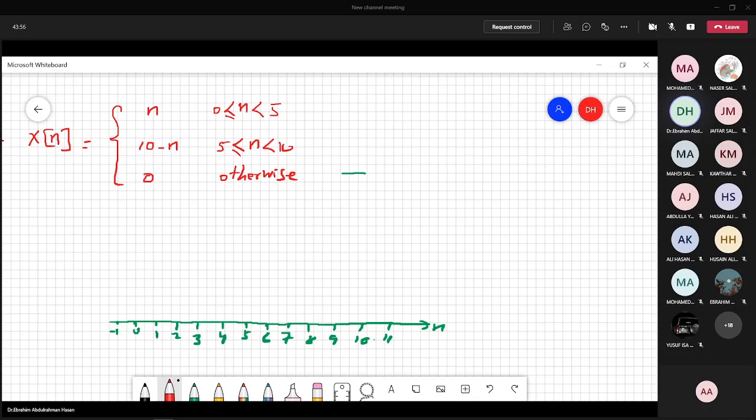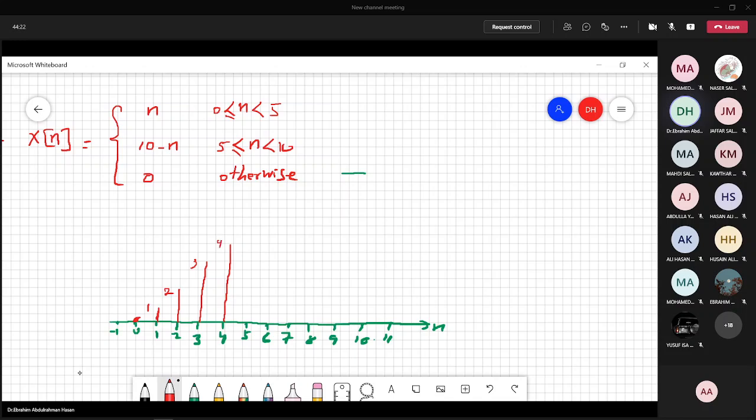From 0 to 5 it is equal to n. يعني at 0 it is equal to 0. At 1 it is equal to 1. At 2 it is equal to 2. At 3 equal to 3. At 4 it is equal to 4.